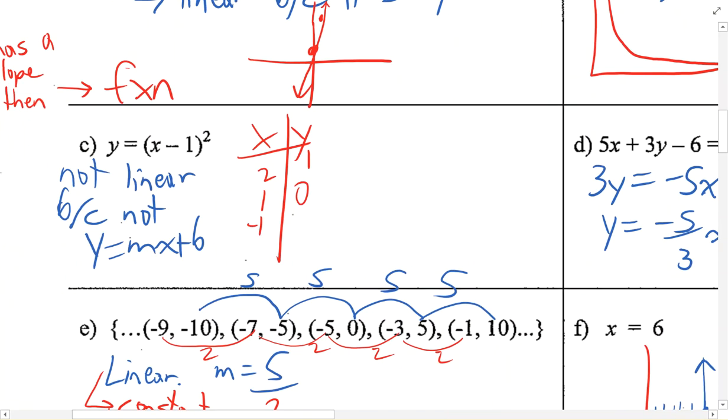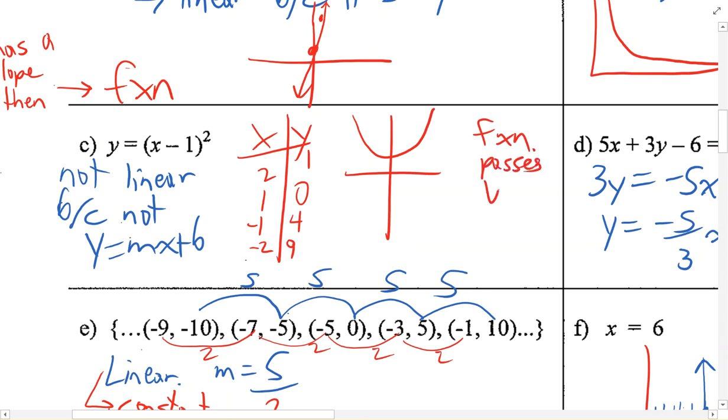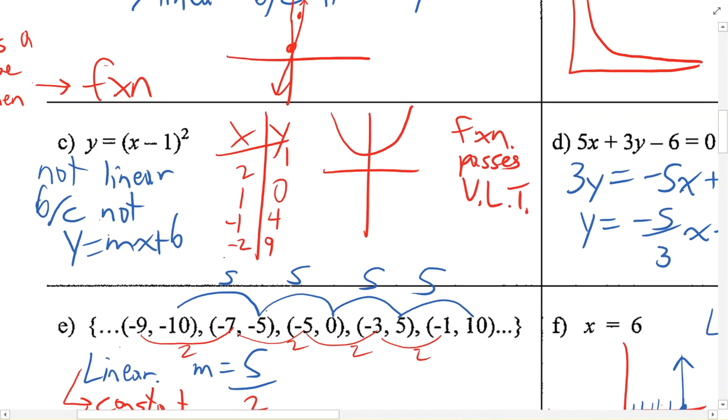Substitute in, you get 4, x is -2, you get 9. So when you have the squared, these are called parabolas. So it's going to be something like that, okay? But, so it's not linear, but it is a function. And it passes the VLT. So going back to the good old vertical line test, okay?